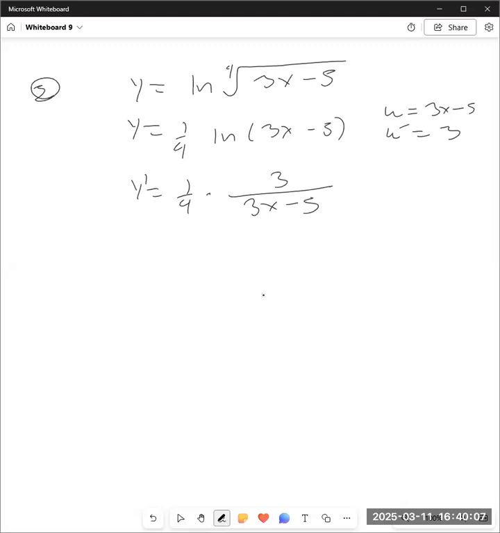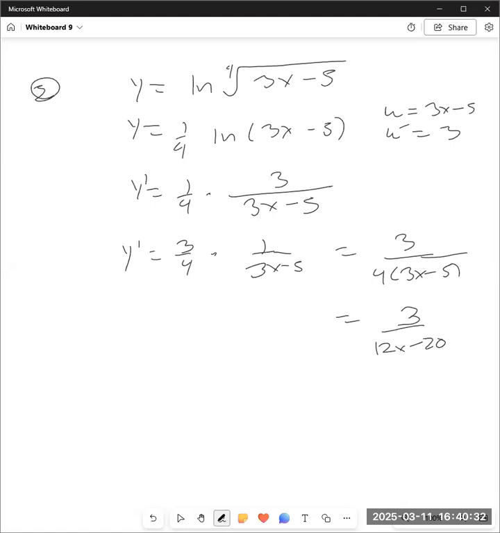So this is going to be y prime is 3/4 times 1 over 3x minus 5. Maybe write that as this if you prefer. Maybe even get rid of those parentheses if you want.